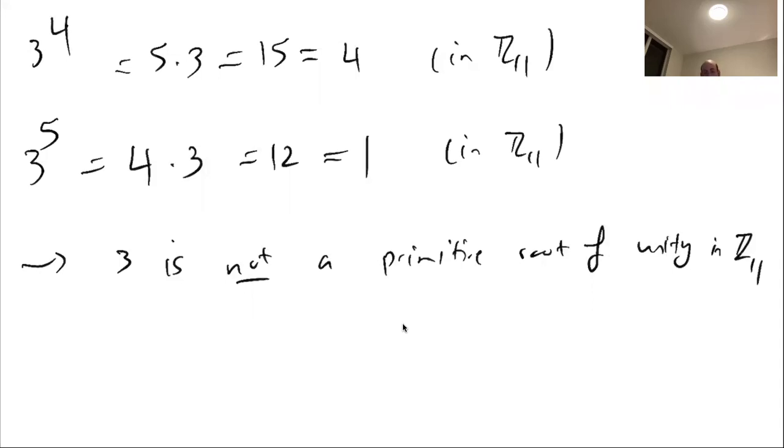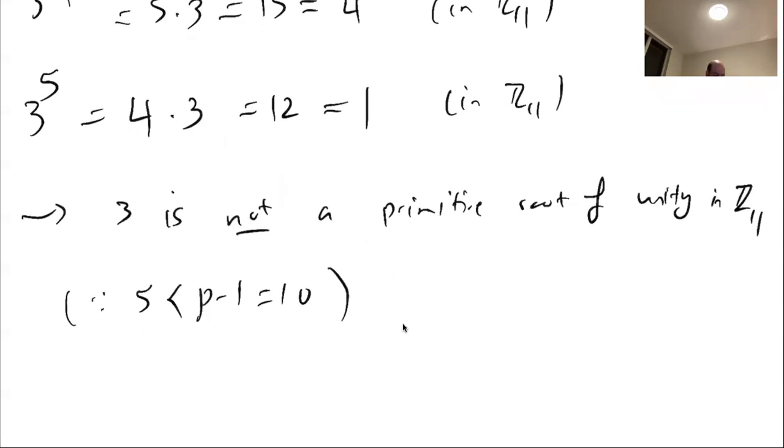Because if it was, then 10 had to be the smallest power that 3 to that power gives you 1. The 5 is less than p minus 1, which is 10.